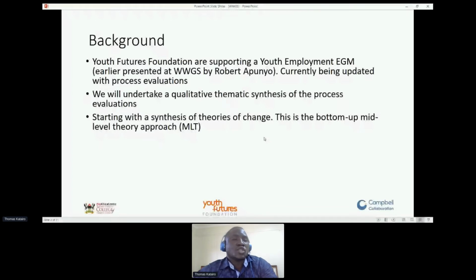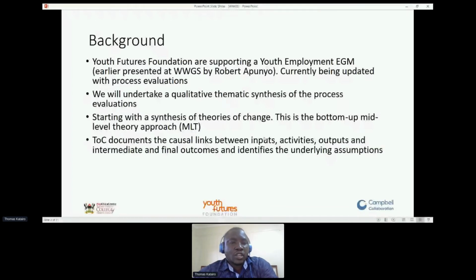That's what we are going to use when we are coming up with the synthesis of these theories of change. So just to give a small introduction about theory of change. You're going to realize that most theories of change document the causal links between inputs, activities, outputs, and intermediate and final outcomes. On top of these, you need to put underlying assumptions.